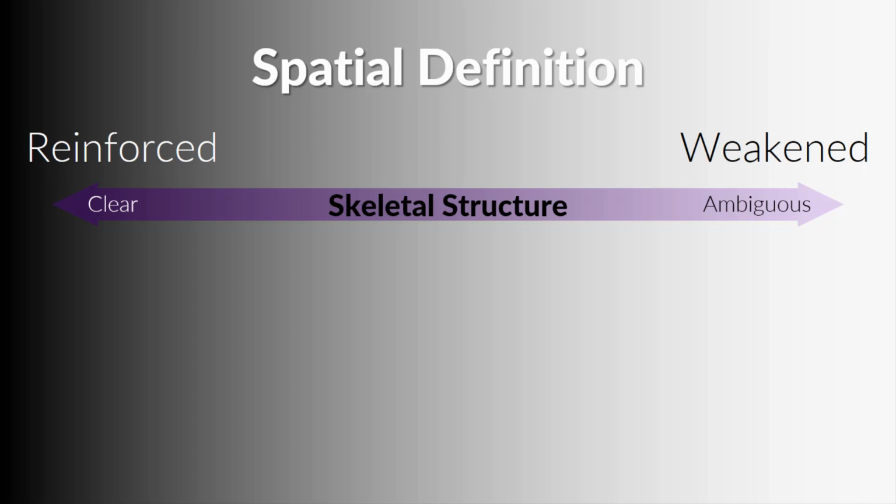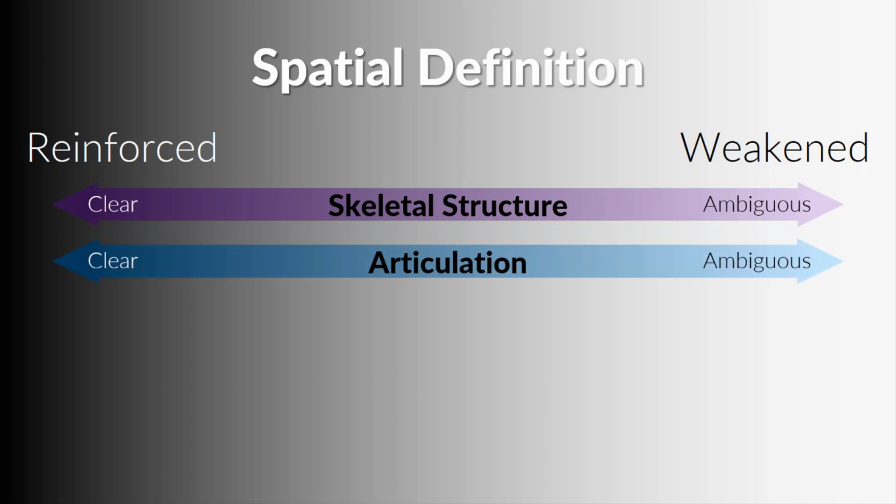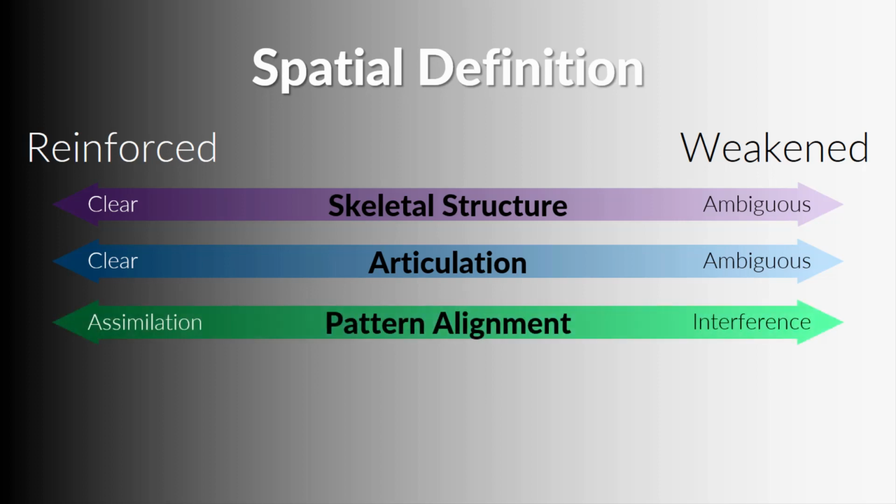Another way is through articulation, by creating lines and points along the overall shape, and through pattern alignment. Overall patterns within this space can either assimilate with the overall pattern of the volume of the shape, or they can interfere with that volume. I'll show this in just a second.